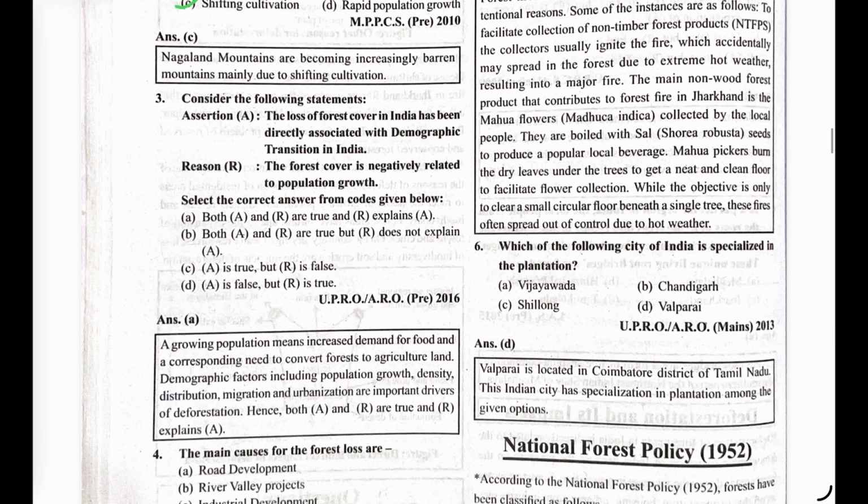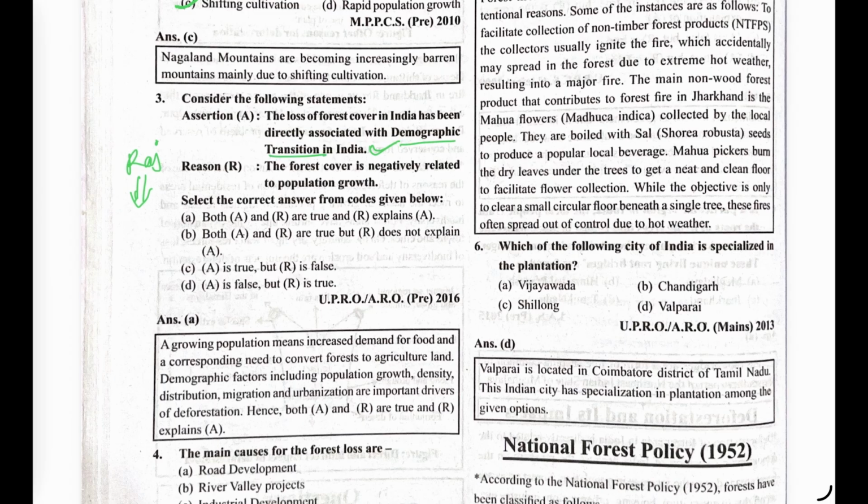Next question. The loss of forest cover in India has been directly associated with the demographic transition in India. Yes, loss of forest is associated with the demographic transition. Suppose there was no desert in Rajasthan and people used to live there, but now there is a heavy desert in Rajasthan and people do not live there, so that is the demographic transition.